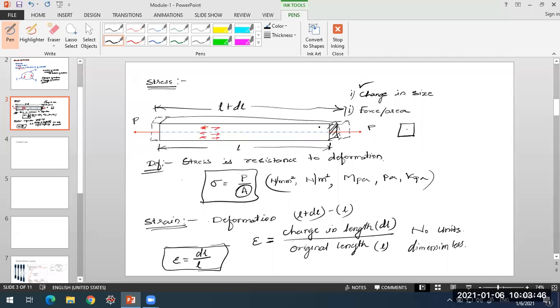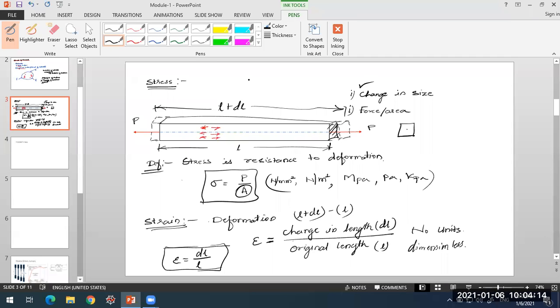We have come across only axial stress and axial strain. That is one bar subjected to an axial load. If the load is trying to elongate the specimen, it is tensile in nature. If it is trying to reduce the length of the specimen, it will be compressive in nature. So accordingly, you will encounter tensile stresses and compressive stresses.